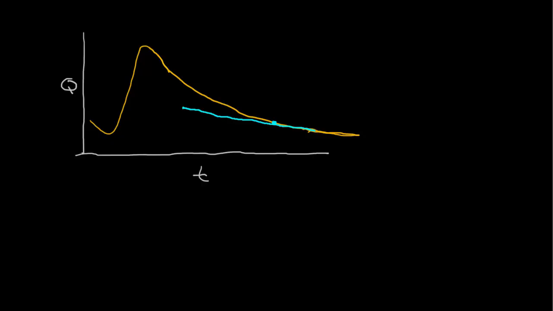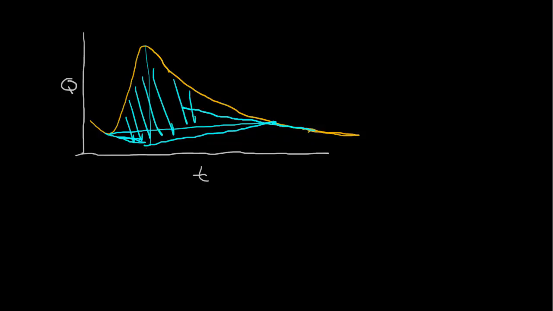And then there's a whole bunch of things. We could either join this directly like this, or we could actually extrapolate forward like this on the pre-storm recession curve and do this. There's a bunch of different things we could do, all with the goal of getting somewhat of an accurate estimate of the amount of storm flow versus base flow.